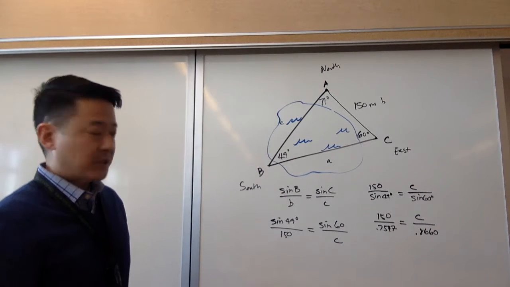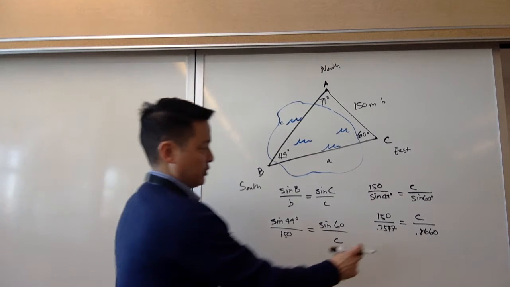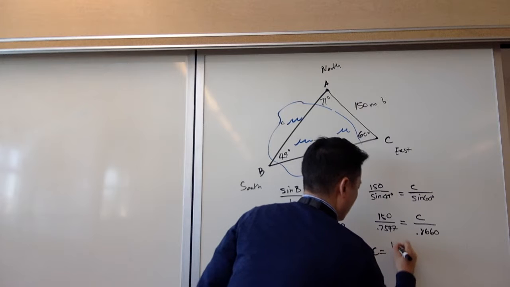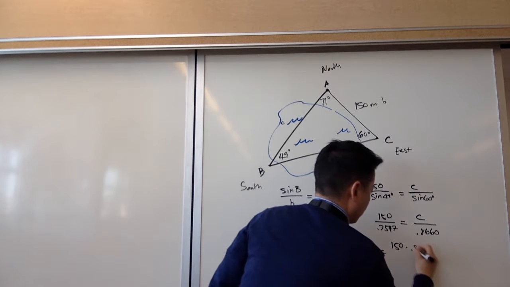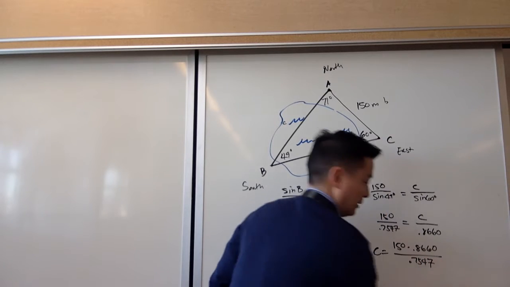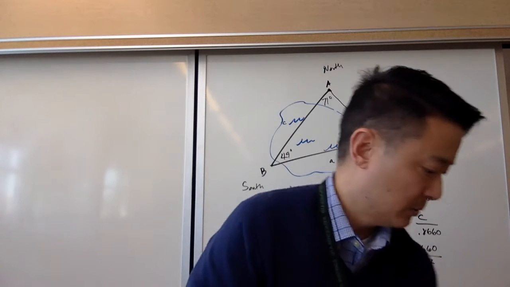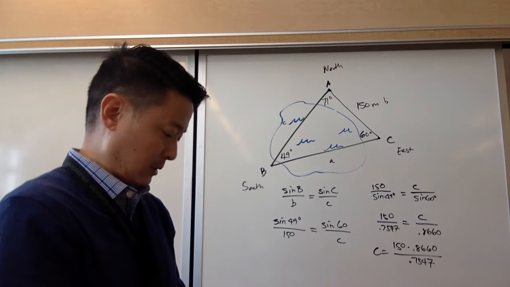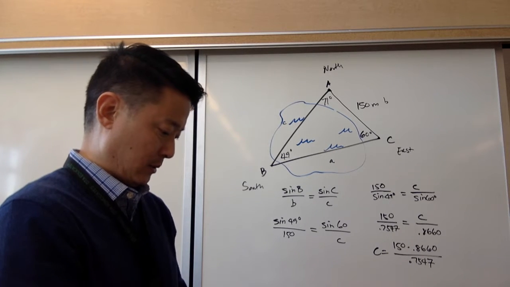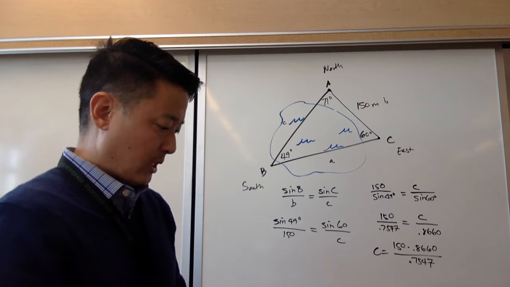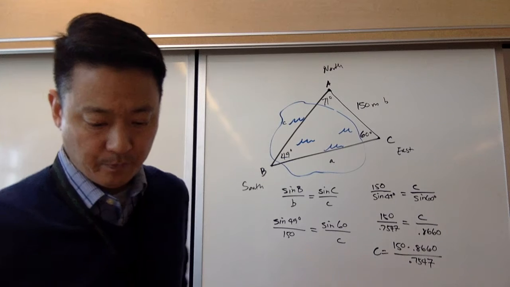And then to solve for c, or to get c all by itself, we just multiply both sides by 0.8660. So c is equal to 150 times 0.8660 divided by 0.7547. And then using our four-function calculator, we get 172.12.